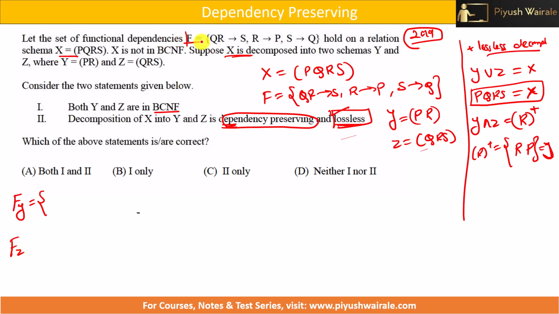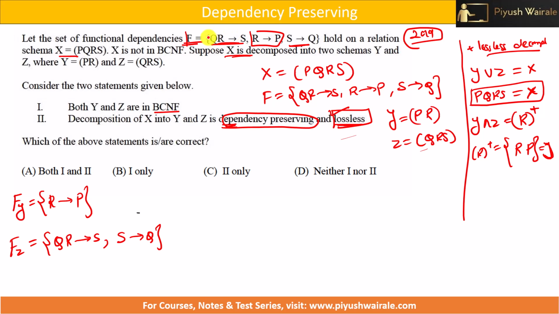If you look at the original FDs, QR determines S, and we have Z as QRS, so you can add that FD into FZ, that is QR determines S. What about R determines P? R and P are in Y, so we can write it down here: R determines P. Then we have S determines Q. Do we have S and Q together in a decomposed relation? Yes, you can see Z. So I can write S determines Q in FZ.